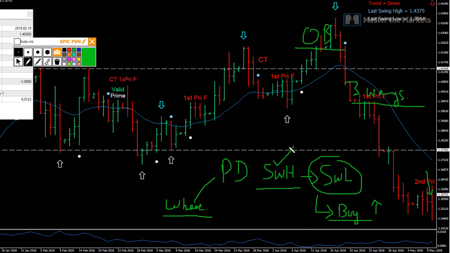Naturally, the further it travels from the swing high, the higher the probability of it turning around, because overextension happens. And how far can price keep going down? It cannot go to zero, can it? I mean, in terms of currency.